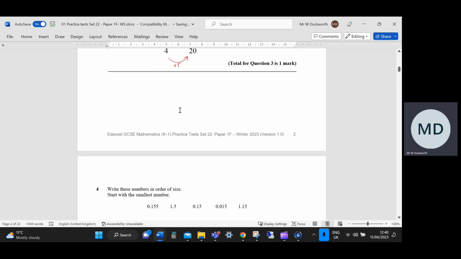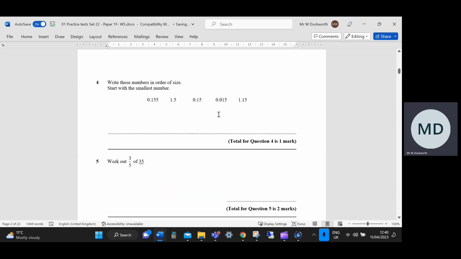Okay, question 4 then, write these numbers in order. Interesting, another order question. Whenever we're ordering decimals, if you're ever unsure, I tend to make them all the same number of decimal places. So we've got 3 decimal places, and 2, so I'm going to make them all 3 decimal places.